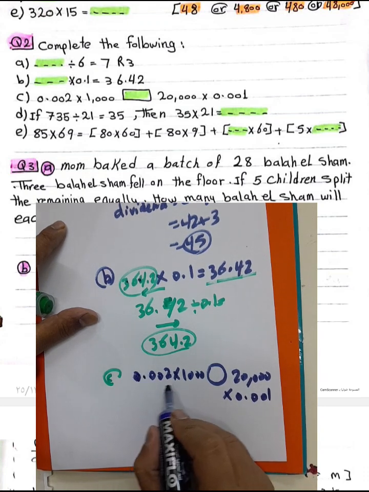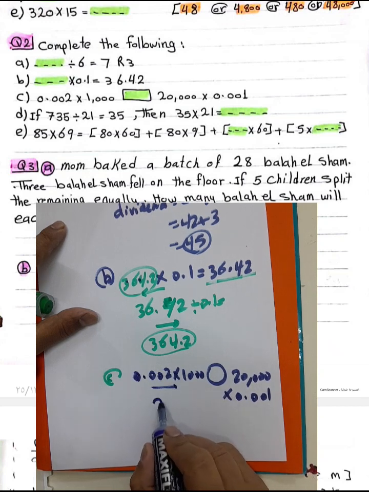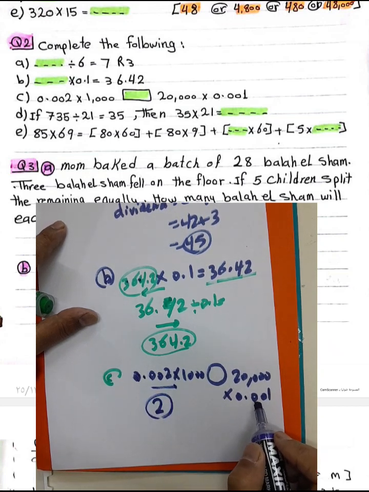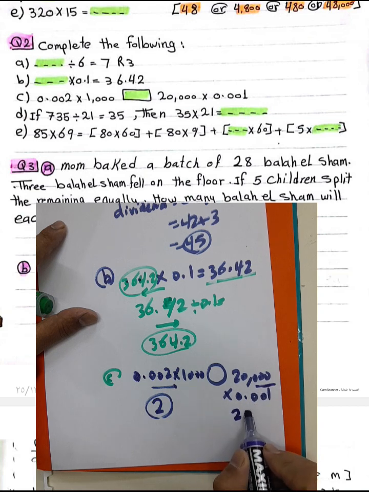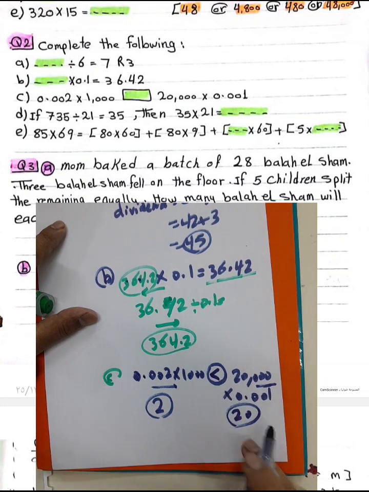Move the point right hand side by 3 places. Here the result will be 2, and here 20,000 divided by 1000, cancel 3 zeros, the result will be 20. Then 2 is less than 20.